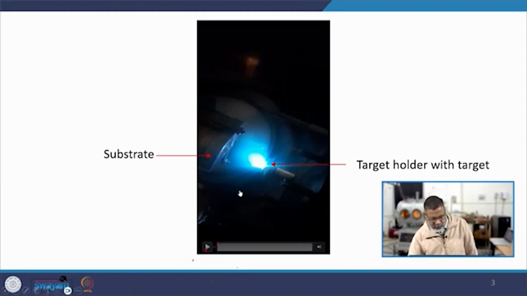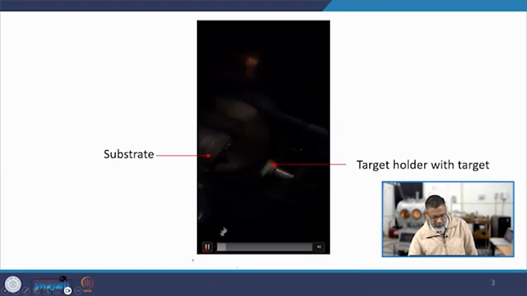And you can see that a blue color plasma is generated. So, you can see the video. Laser light is coming from this side and falling on the target, and then the plasma is generated. This plasma is ejected from the target material with a very high velocity.